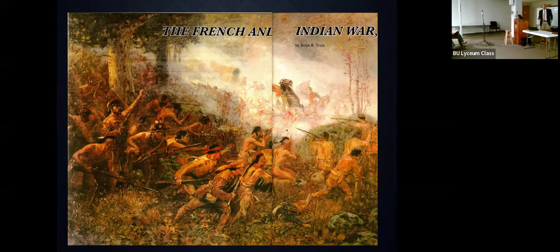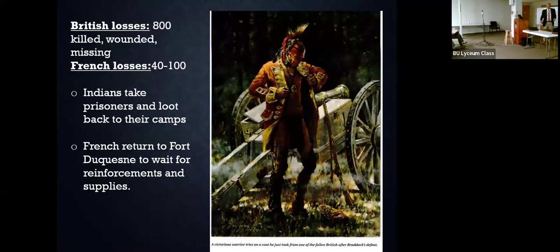Plus it's forest, so it doesn't dissipate quickly. The French losses are relatively minor in comparison. Not insignificant, but 800 British out of a 2,500 force. Okay, pretty bad, all right?